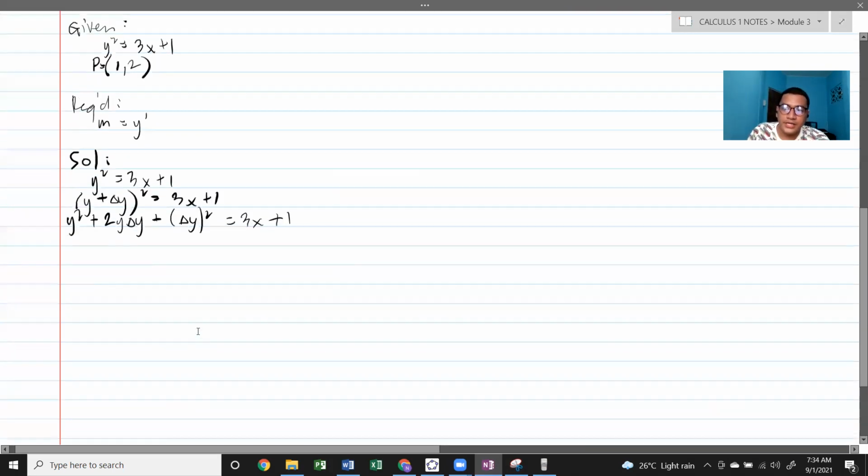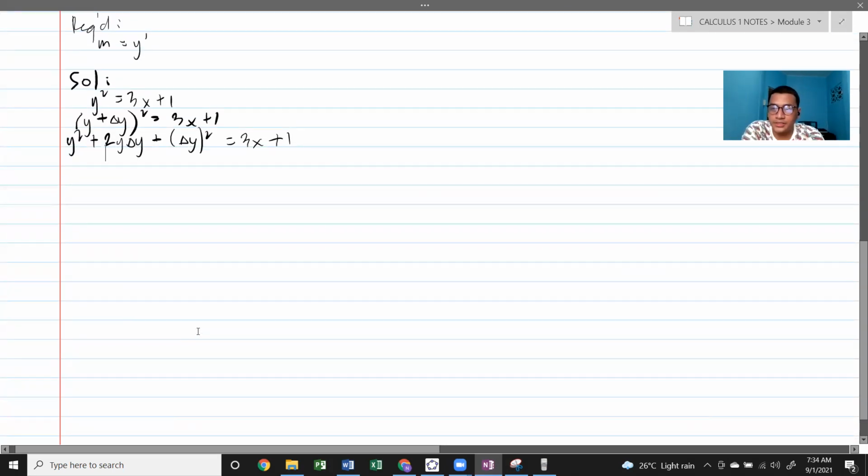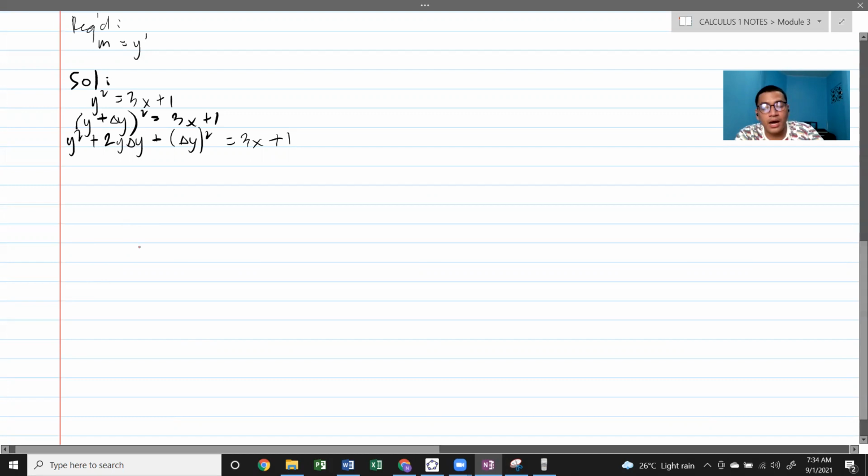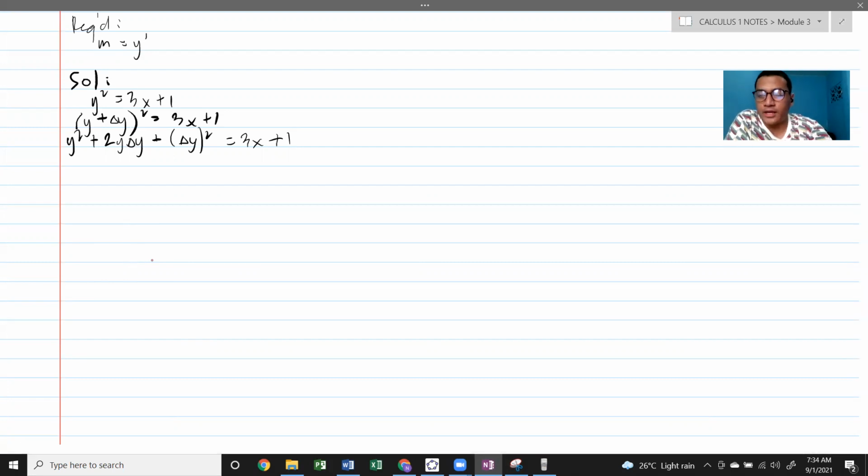Okay, now our next step will be to isolate delta y. But do you notice, class, that we have an expression delta y squared? How do we attack this problem when we encounter such expressions? Remember, class, that our delta x is very small. It approaches 0.